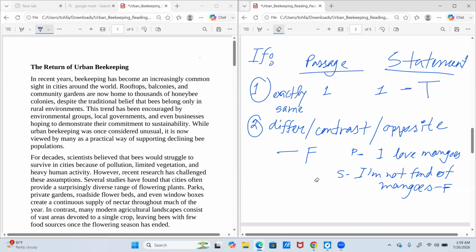Now, let's see how we can find another type, which is not given.